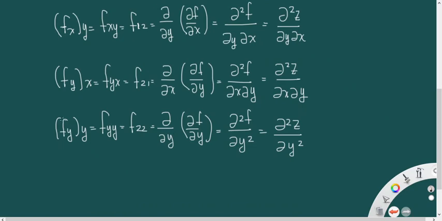And the last one is the partial derivative with respect to y and then with respect to y. This is f sub y y, which is equal to f sub 2, 2. And the same dynamic here: f of y, and then again with respect to y. So this is del squared of the function, the second partial derivative with respect to y 2 times.